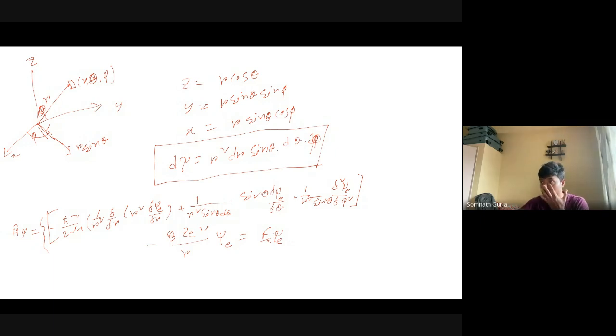With a separation constant beta, the r term and the theta-phi term will be separable, and then we get r del by del r of r square del R by del r.